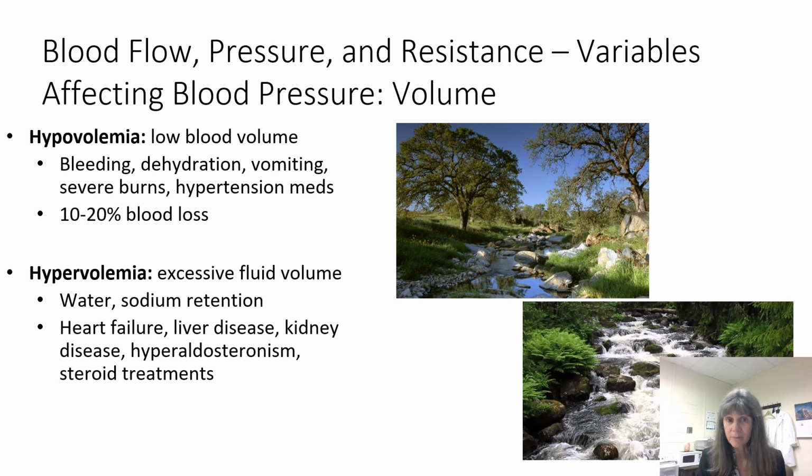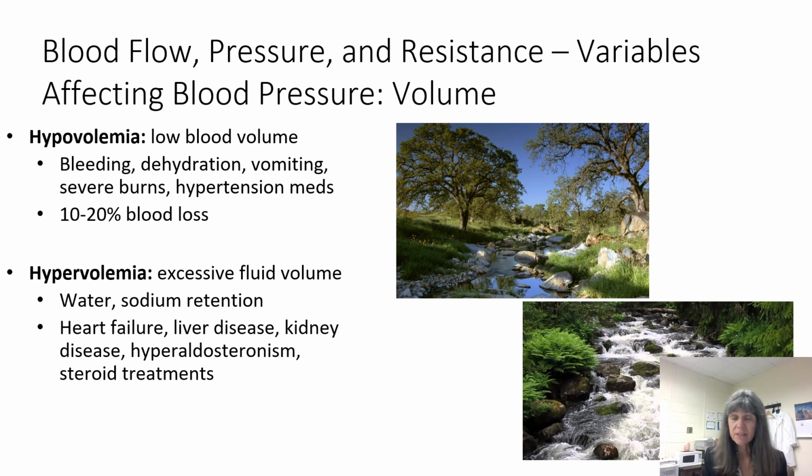Conversely, hypervolemia is where we have excessive fluid volume in the bloodstream, and that can be due to either retention of water or sodium. It can be due to heart failure or liver disease or kidney disease, if the kidneys aren't kicking out enough fluid as blood gets filtered through them. And hyperaldosteronism.